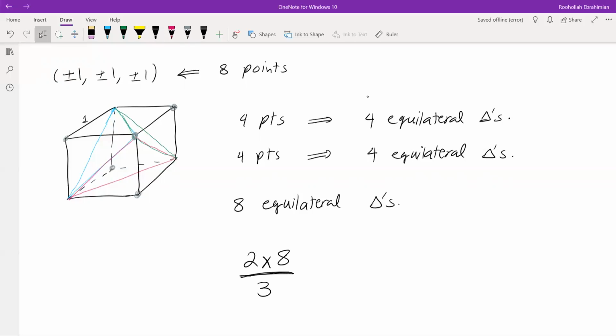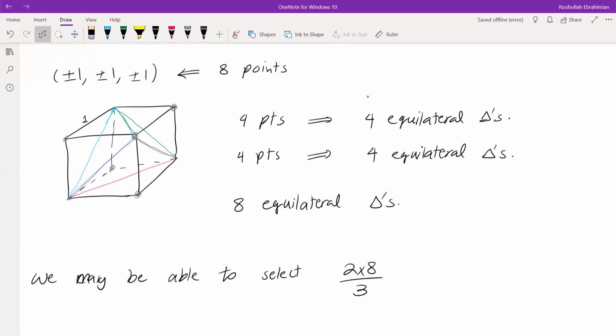So we may be able to choose this many points, 2 times 8 divided by 3.